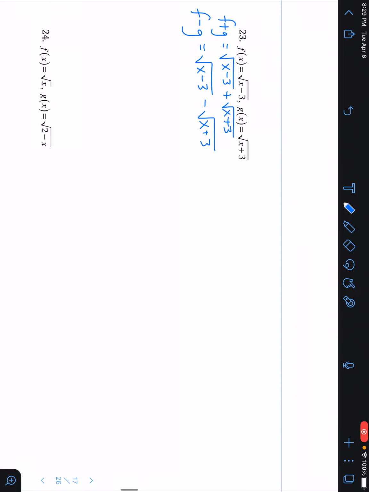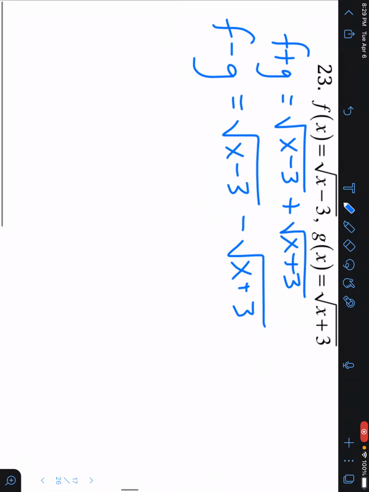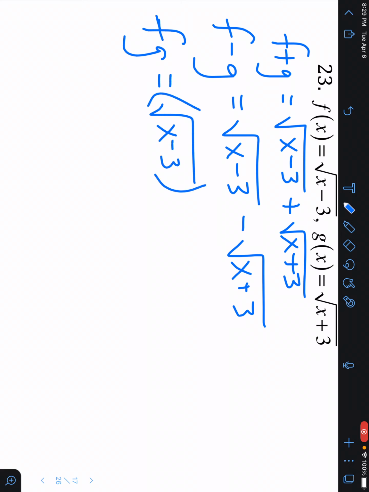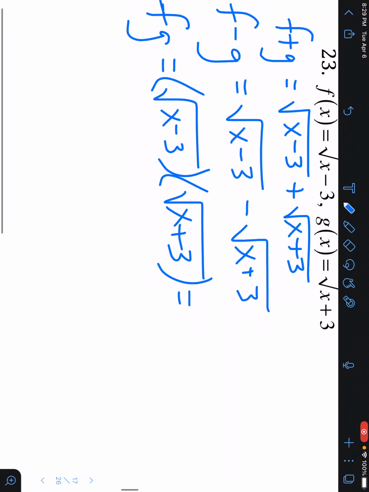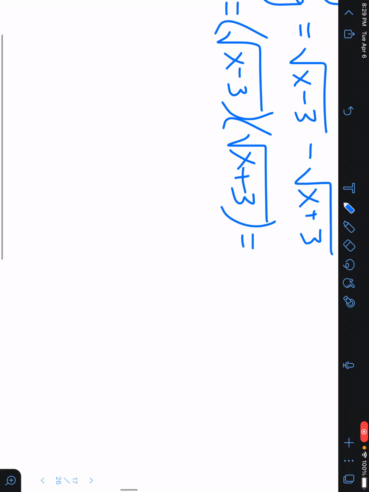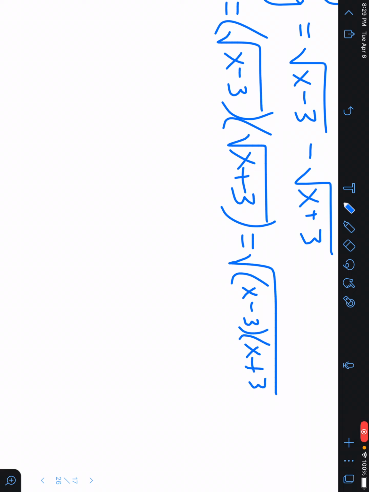fg is f times g. So f times g. Now we actually can multiply them together. So what we can do here is FOIL inside. It's a square root times a square root.